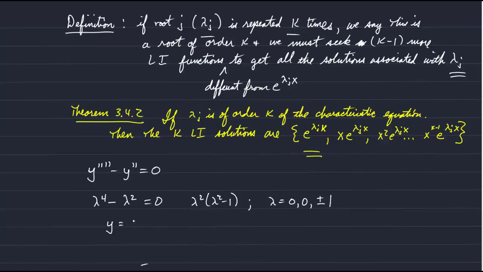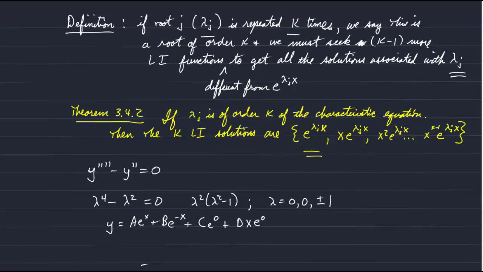In that case, we have a e to the x plus b e to the minus x plus c e to the 0 plus d x e to the 0.